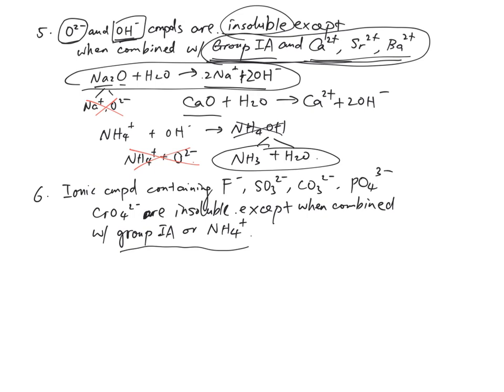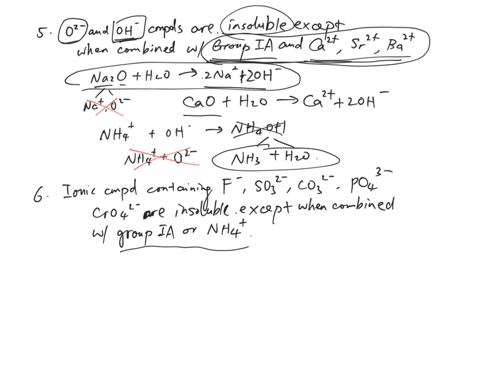All the other negative ions that are not showing up in rules 2 through 5, you can put them into this category. You run into a negative ion that you don't remember seeing in rules 2, 3, 4, 5. It belongs here. You can assume that it's one of these, and you can assume that their compounds are insoluble.